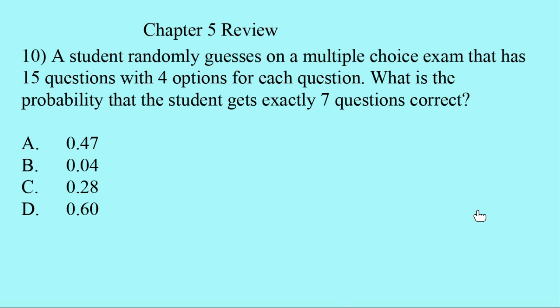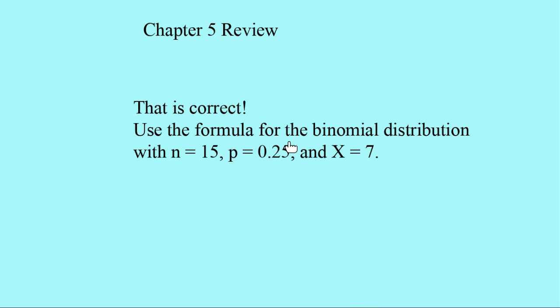Very good. Excellent. Good job. What is the fourth digit in that calculation? Oh, they're doing rounding to 2 decimal places. Okay, but very good. So you use the formula for the binomial distribution. N equals 15, P equals 0.25, and X equals 7. Very good. Excellent.